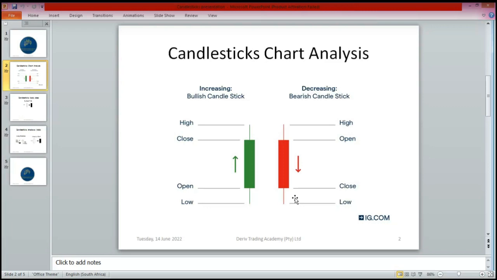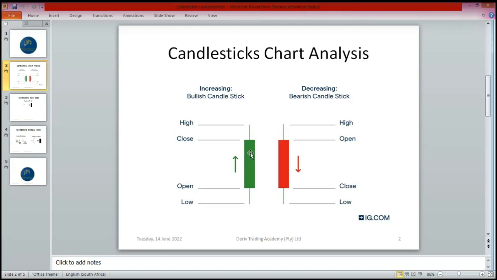Now, let us take a look at these candlesticks. This green candlestick here represents a bullish candlestick. Why is it considered to be bullish? Without looking at the colors, you need to take a look at the opening price.